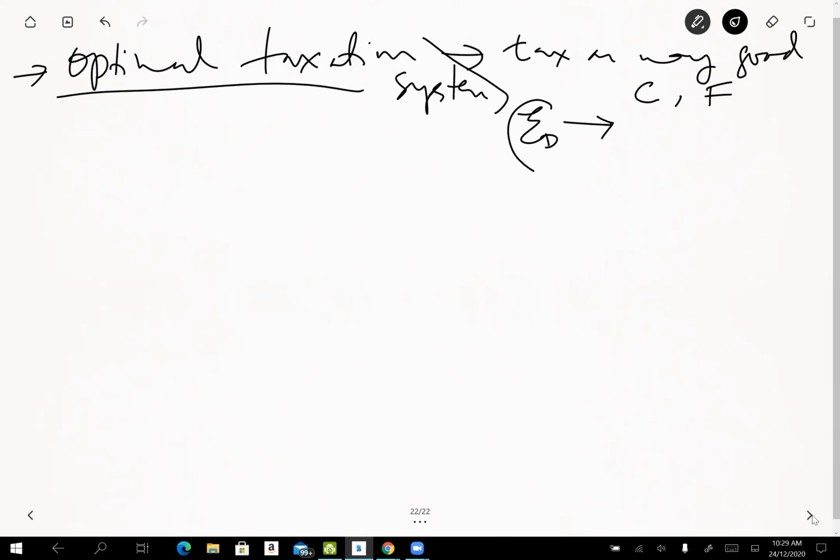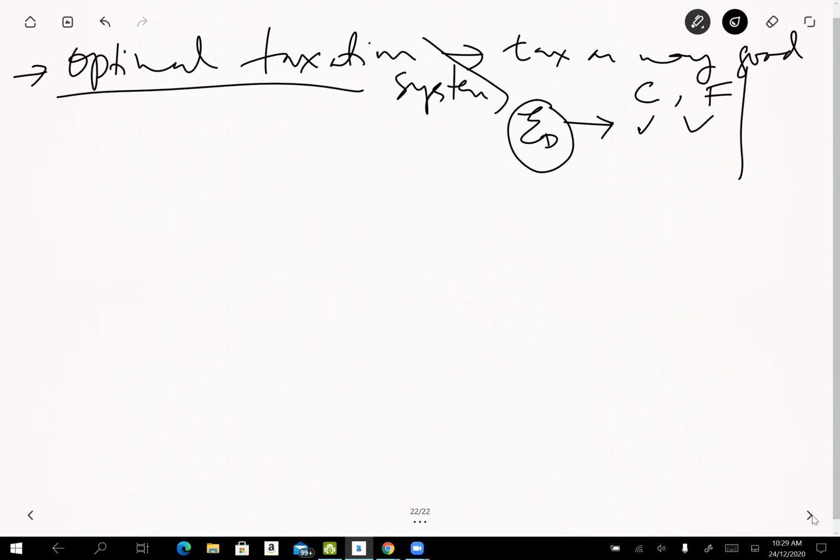If the demand is more elastic, who will bear the burden of the tax more? The firms. If the demand is more inelastic, the consumers will bear the higher burden of the tax. Okay, so that one we have to recall.